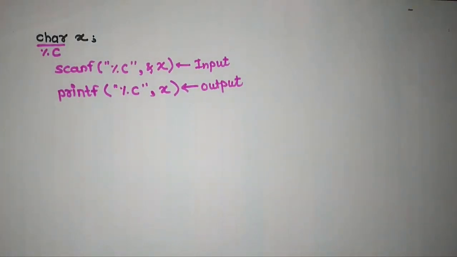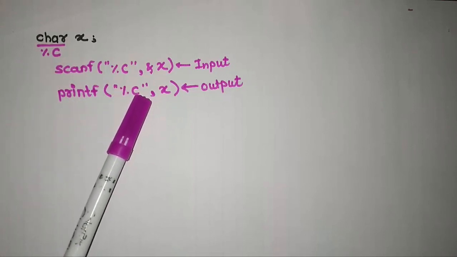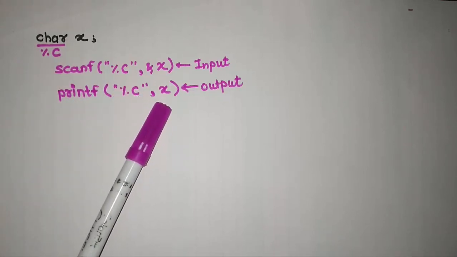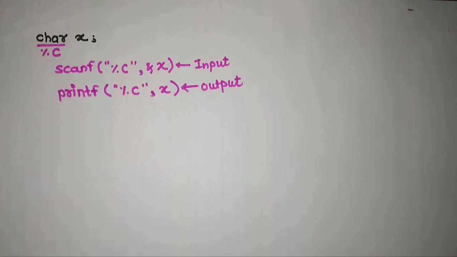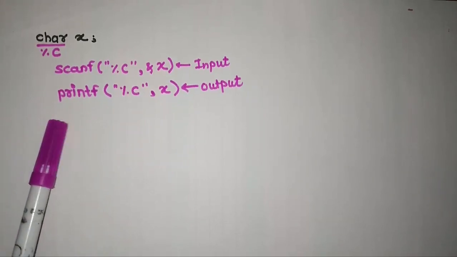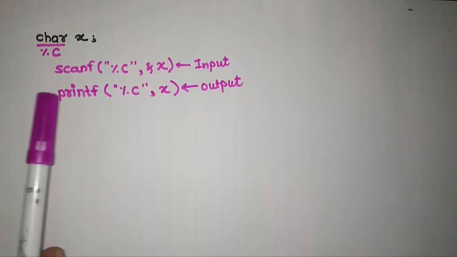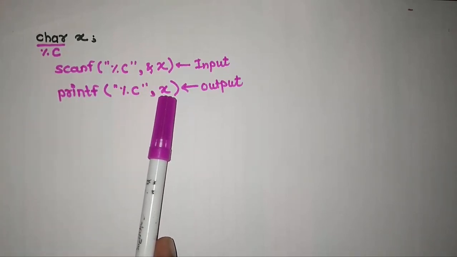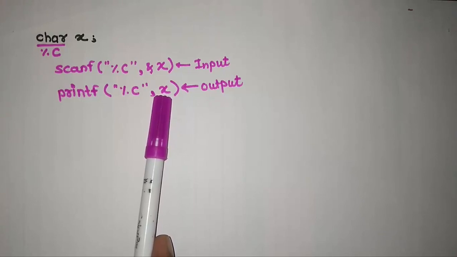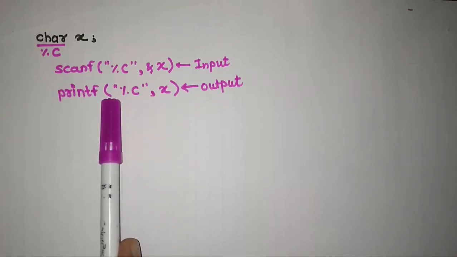Whatever value of x we have accessed using the scanf function is now displayed on the output terminal with the help of the printf function. In scanf and printf, to display the content associated with a variable, we use the conversion specifier.